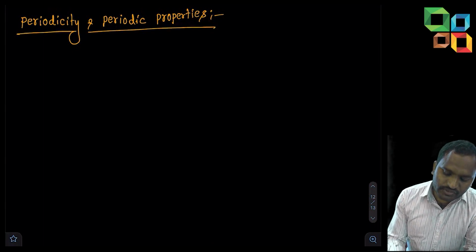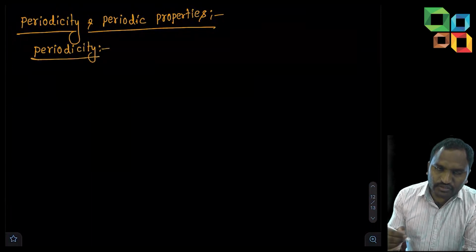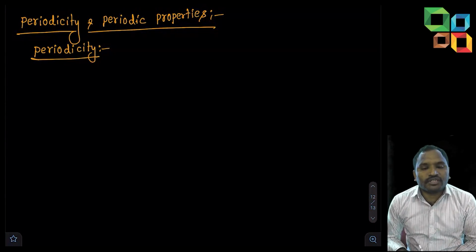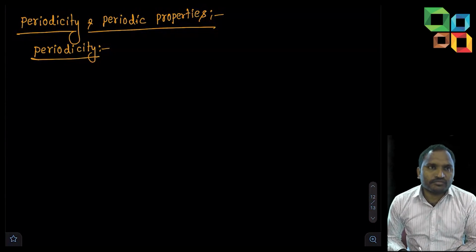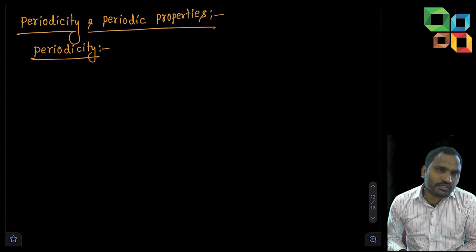First of all, what is periodicity? Periodicity is the recurring of the properties of elements after certain intervals.